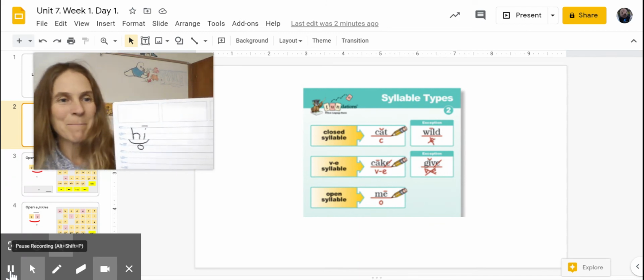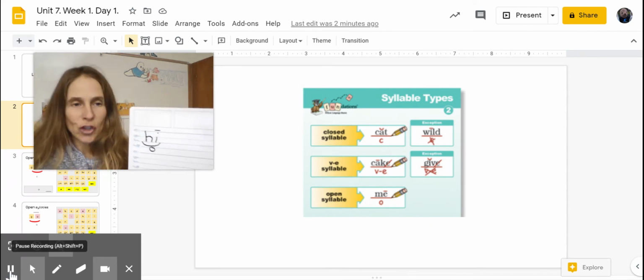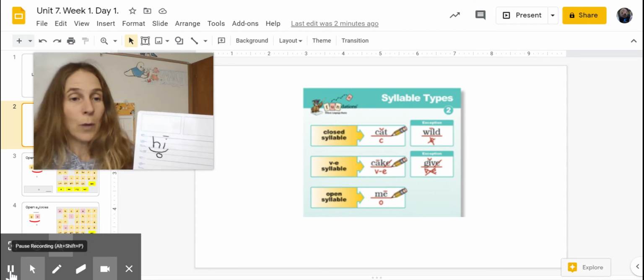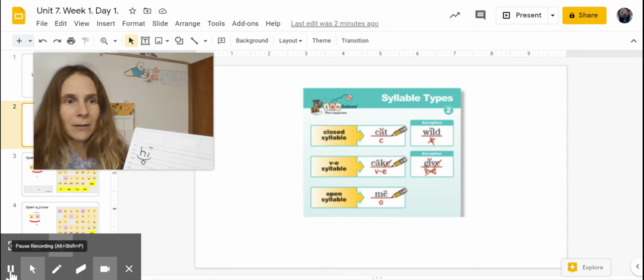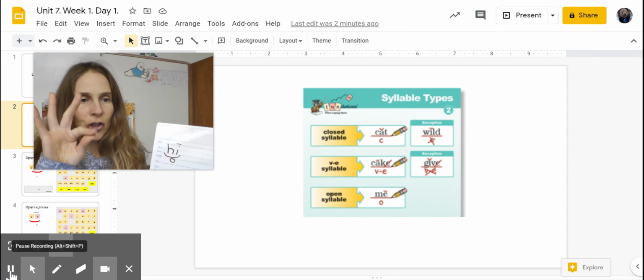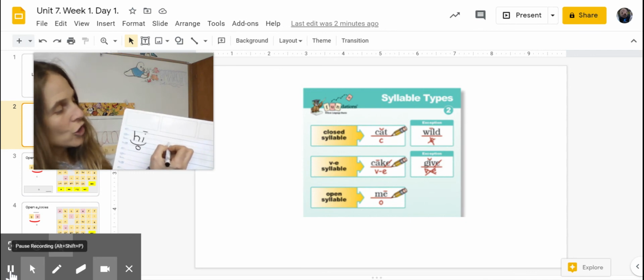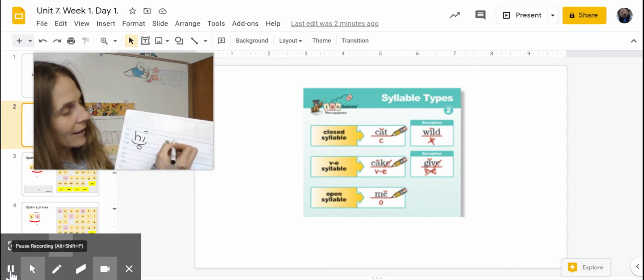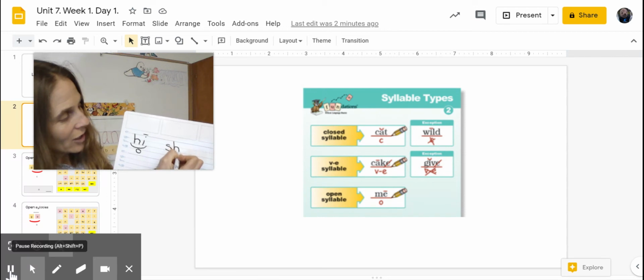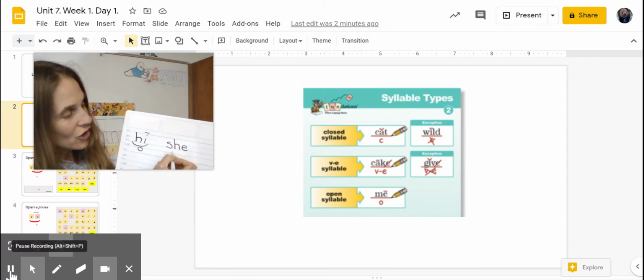Let's try another one. Let's write the word she, like she went to the store. So let's tap it out. Sh, e, she. Okay, I've got our digraph right in the beginning. Sh, S, H, E, she.